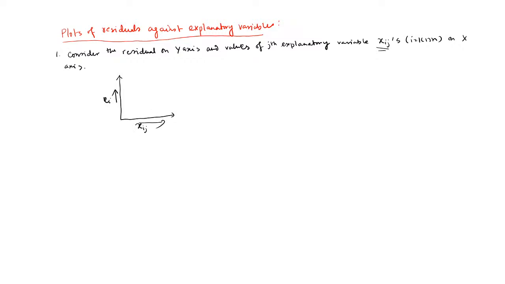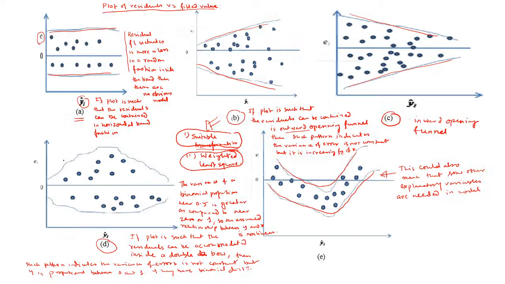The interpretation of this plot is the same as in the case of the plots of residual versus yi hat. Suppose instead of yi hat you use xij on the horizontal axis in all 5 figures; you can explain all 5 plots in exactly the same way.